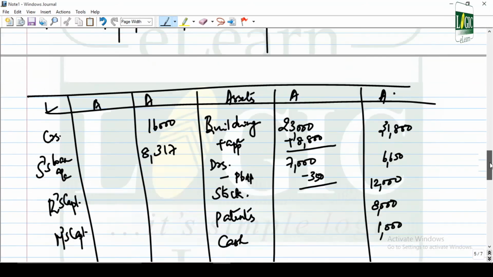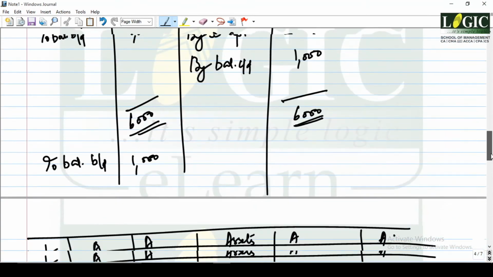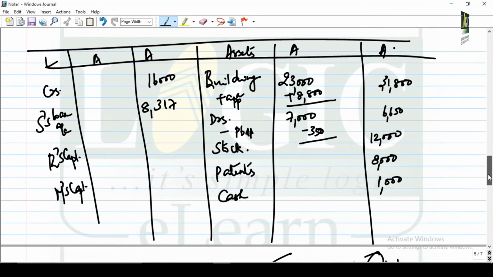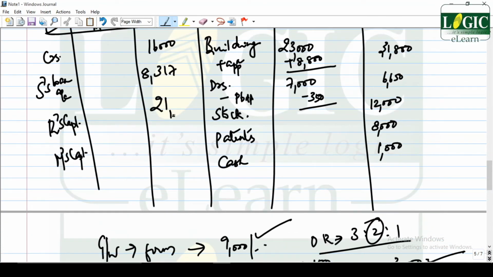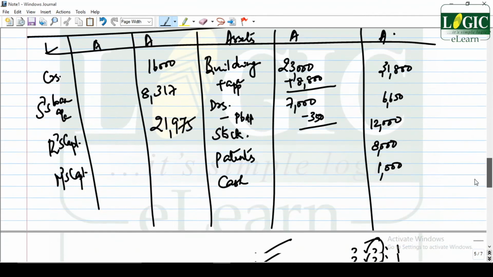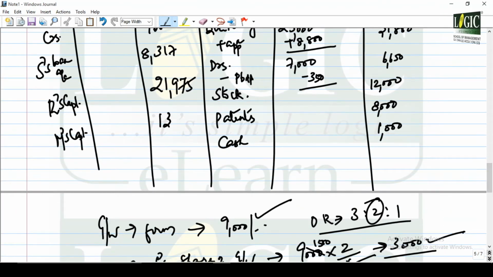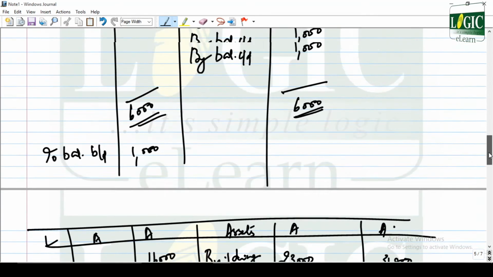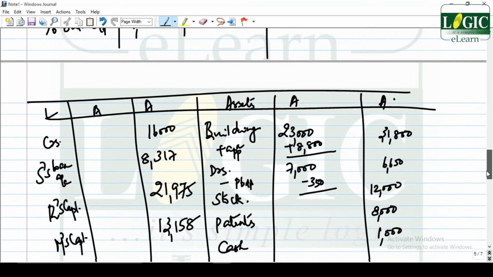R's capital account will be 21,975 and S capital account will be 13,158. Now we posted everything at the respective places.